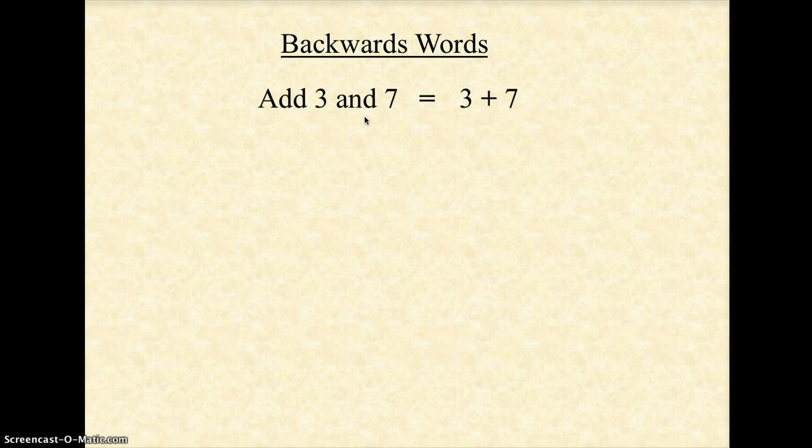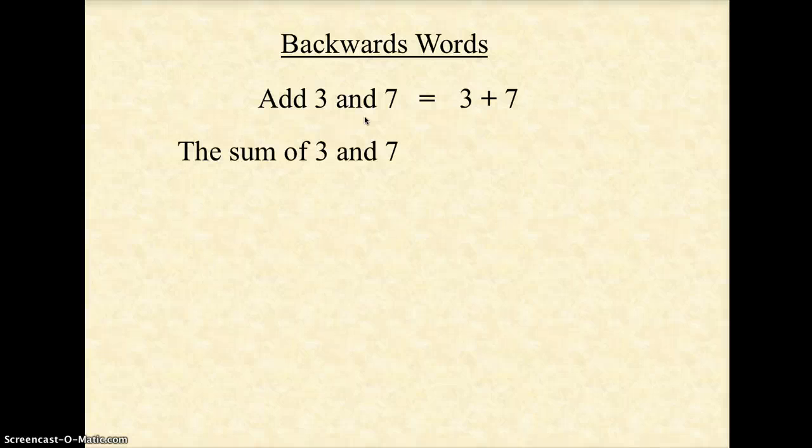In addition there's no problem with order, because whether it's 3 plus 7 or 7 plus 3, you will still get the same answer. But it's about understanding the words. So add 3 and 7, you may write in symbols and numbers as 3 plus 7.